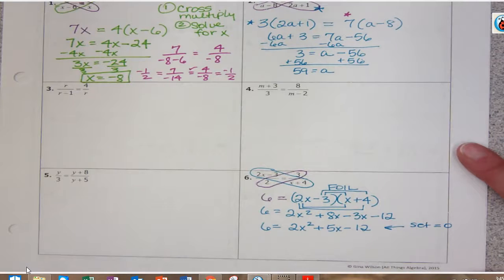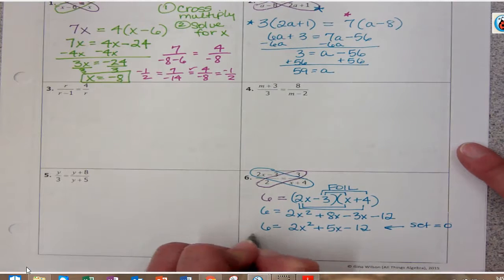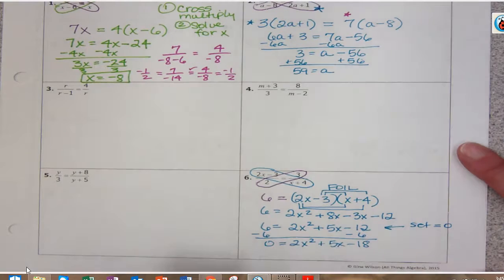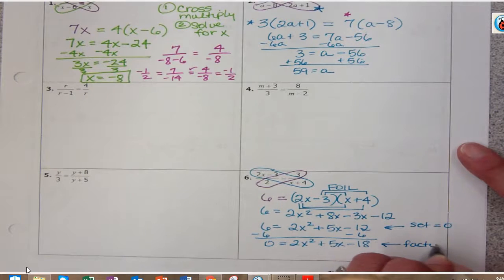It is not set equal to 0, so I have to subtract the 6 on both sides. 0 equals 2x squared plus 5x minus 18. Now I can factor this. Do not try and factor before you set equal to 0.